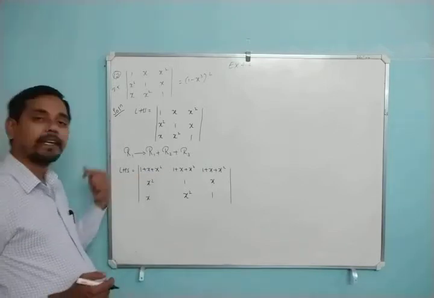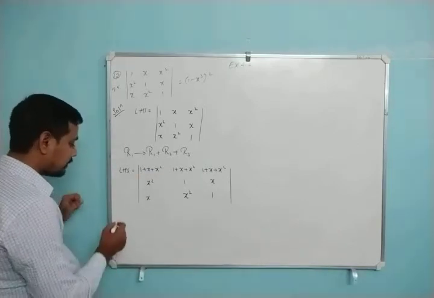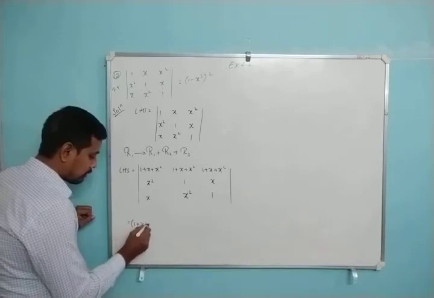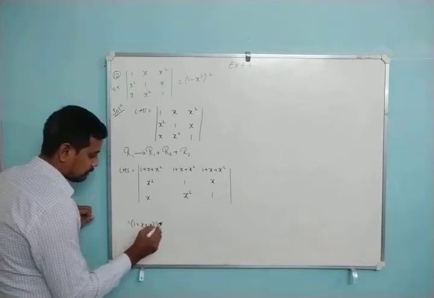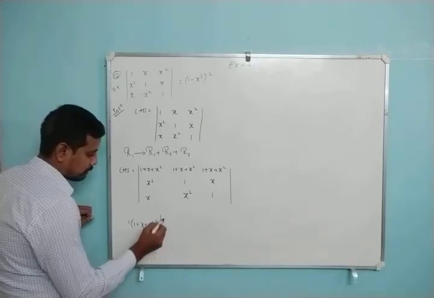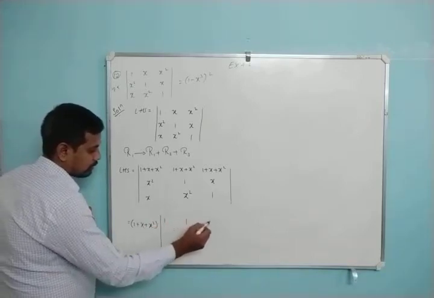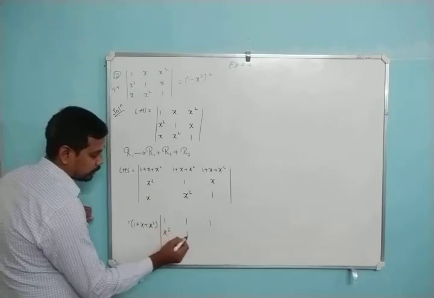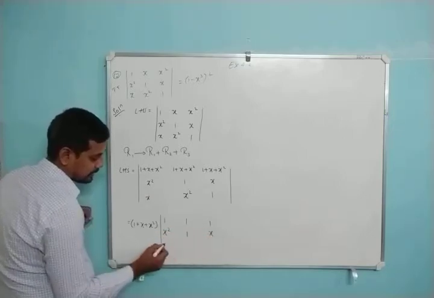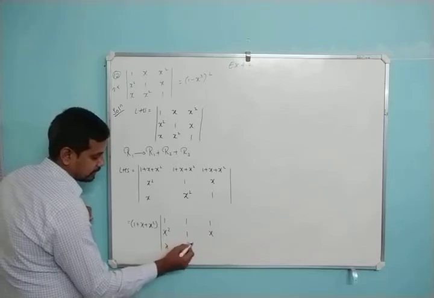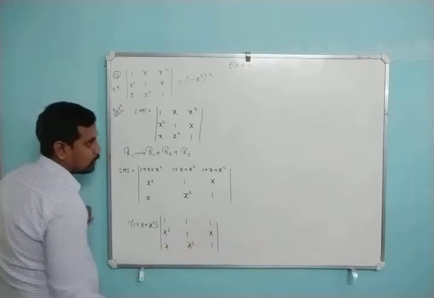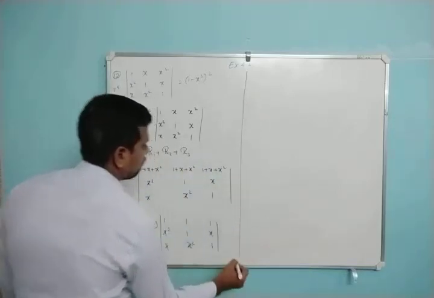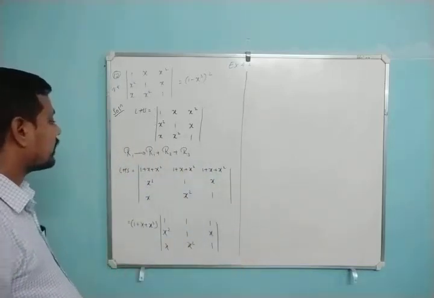Now I can take 1 plus x plus x square outside as a common factor. One remains in each position of the first row.